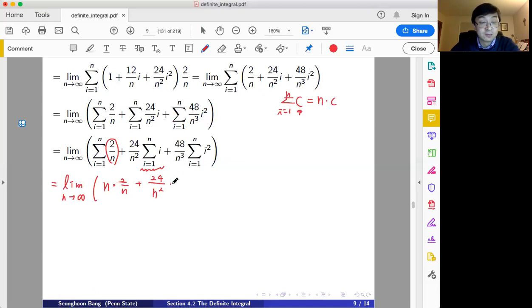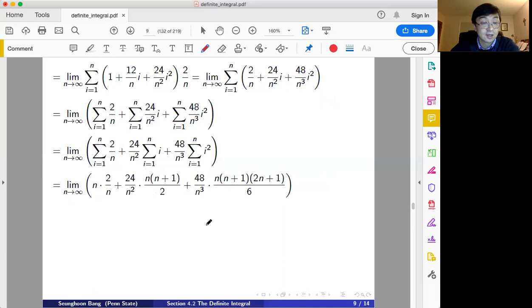Summation i is n times n plus 1 over 2, plus you have to keep 48 over n cubed times summation i squared. We have a formula: n times n plus 1 times 2n plus 1 over 6. So we have this result.